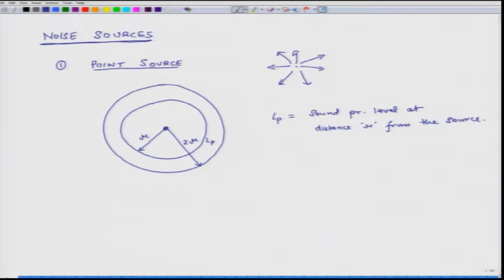Then the question is, what is LP prime, where LP prime corresponds to the sound pressure level at distance 2r from the source?